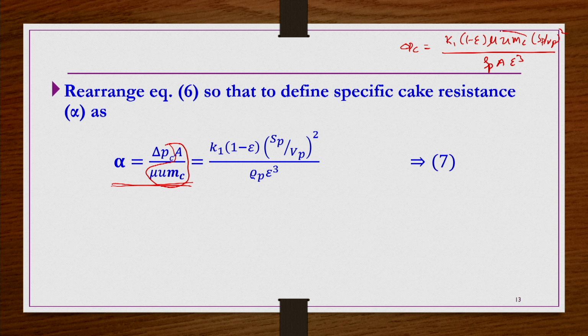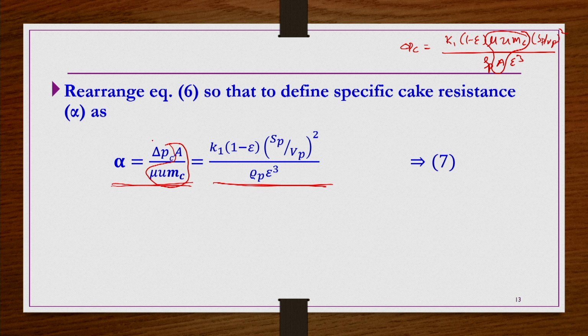I take mu u mc by A to the left hand side, so that I can join it with delta Pc as delta Pc A divided by mu u mc, and keep all other terms on the right hand side.